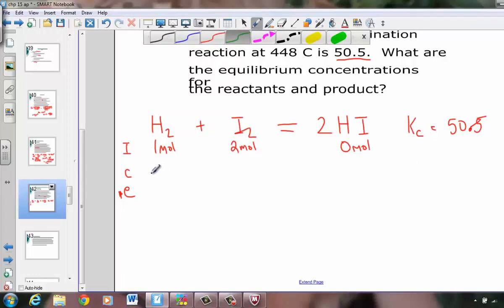We know that reactants get used and products get made, and that they do so using their stoichiometric value. Let's let the value of hydrogen that's consumed represent letter x, our variable. And I'm also going to let that be representative of iodine. They have a 1-to-1 stoichiometric ratio.